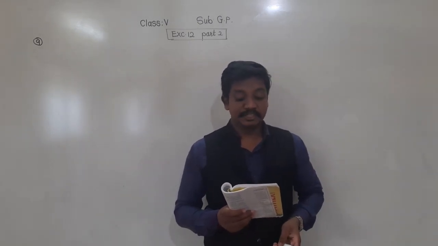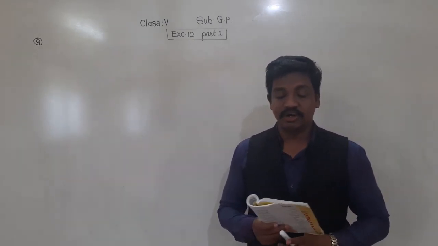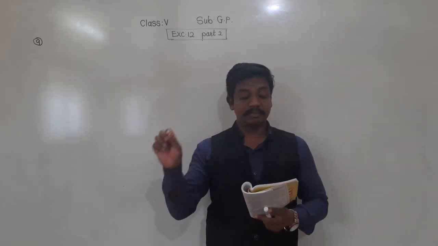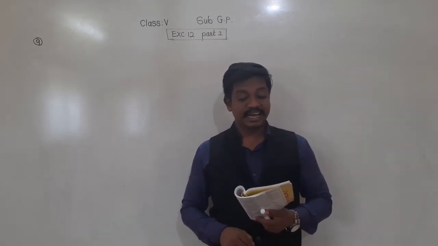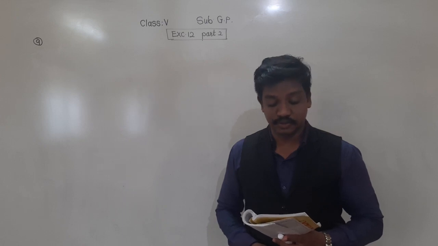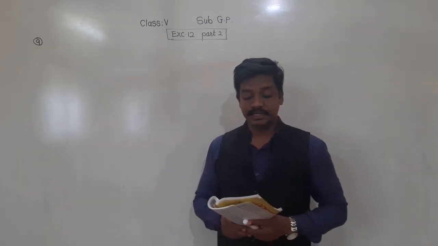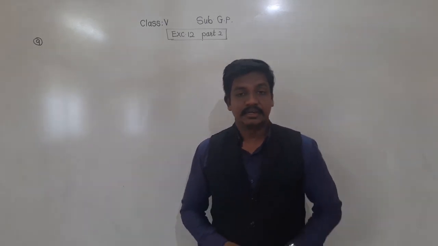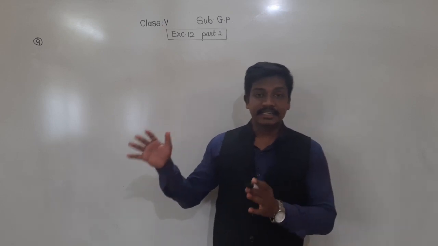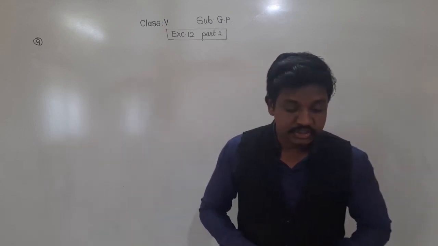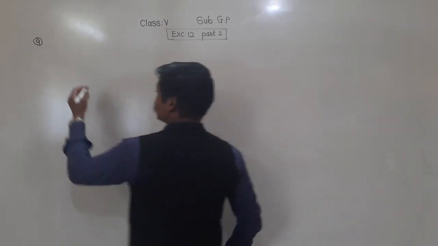Packets of lump sugar, each containing 150 gram, were made out of 3 and 3/4 kilogram of sugar. How many packets should be made? Now see this. There is 3 and 3/4 kilogram of sugar. Means total how much sugar is there?